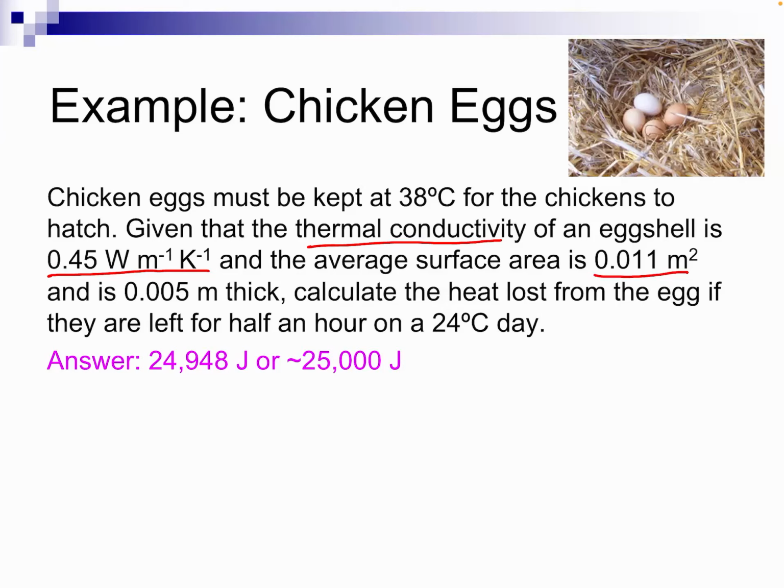The eggshell has a thickness given in meters. We want to calculate how much heat is lost if the egg is left for half an hour on a 24 degrees Celsius day.